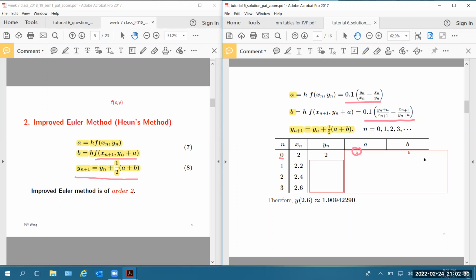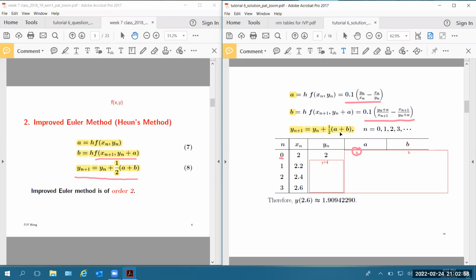After you've done this, what is the next entry to fill? The next entry to fill will be this one. So now you fill up your y_1 here. How to get your y_1?